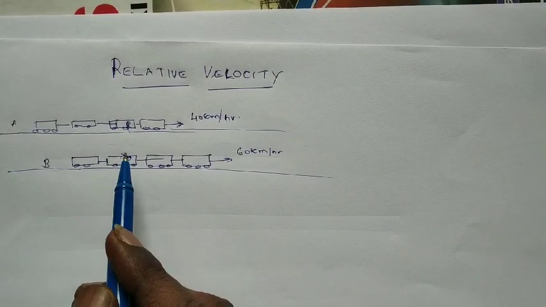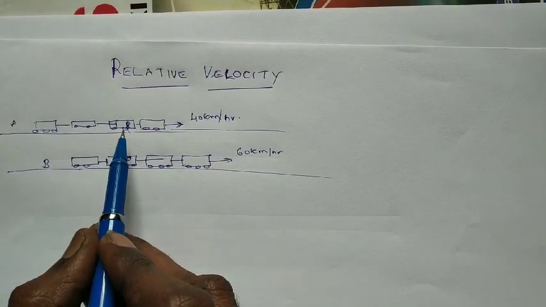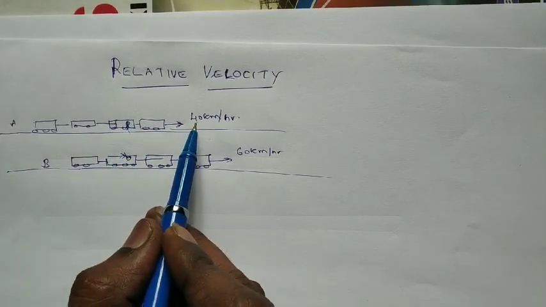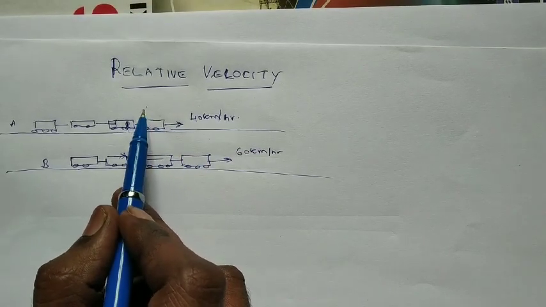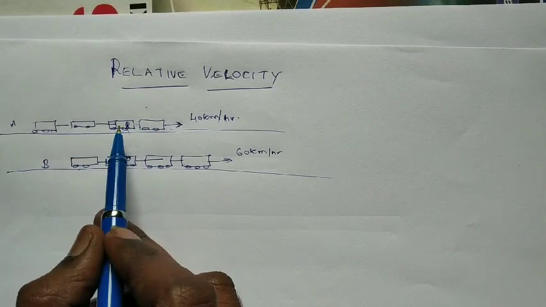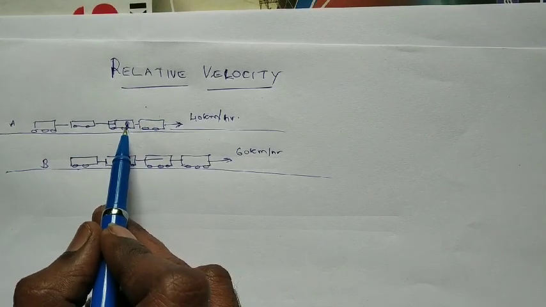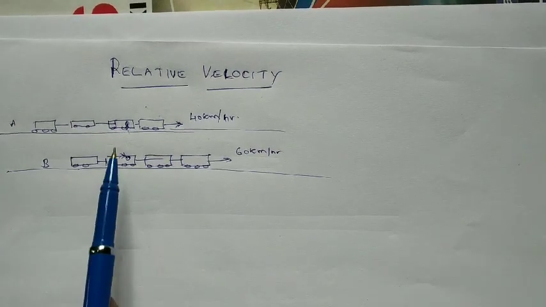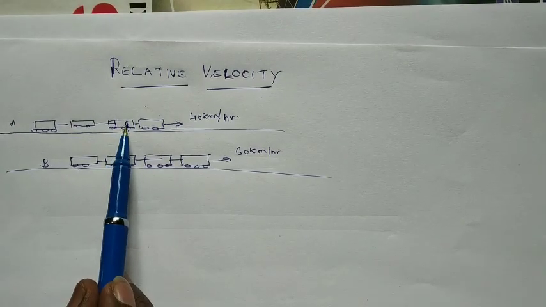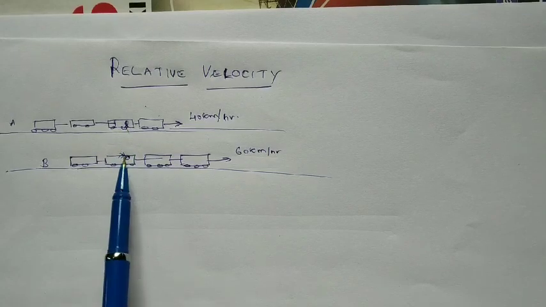How do we do that? When you put yourself in a state of rest, you are going at a speed of 40 km/h with respect to the ground. Ground is when you see the trees all moving fast and you are able to see that you are moving. But when you compare yourself with another moving body, you put yourself in a state of rest and try to compare your speed with the other one.